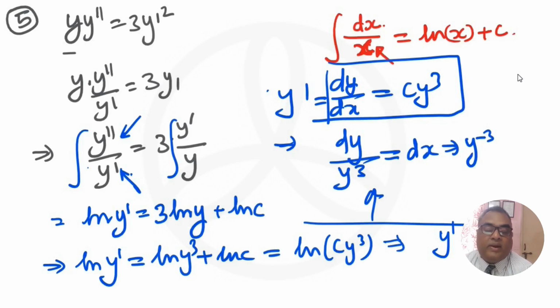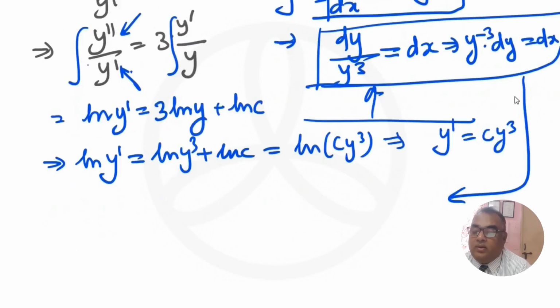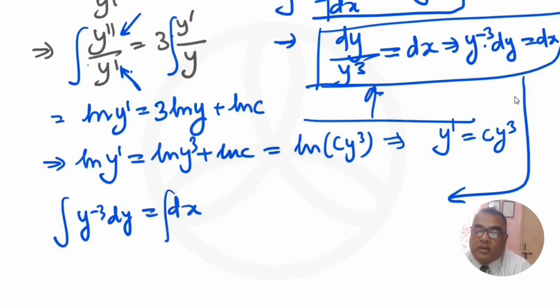This will become y to the power minus 3 dy is equal to c dx. Apply integration. This will give y to the power minus 3 plus 1 divided by minus 3 plus 1 is equal to cx.